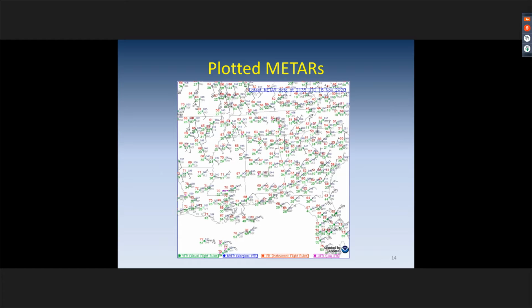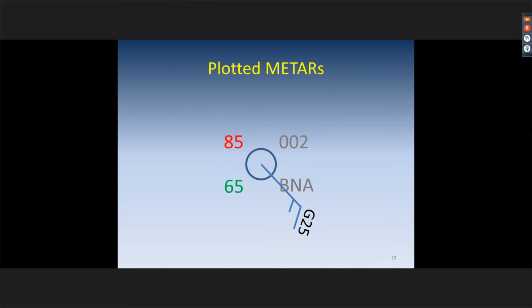We want you to be able to break down what these METARs are telling you. So zooming in on one, which I made up just for ease in PowerPoint, it gives me an opportunity to break down each one of these parts.